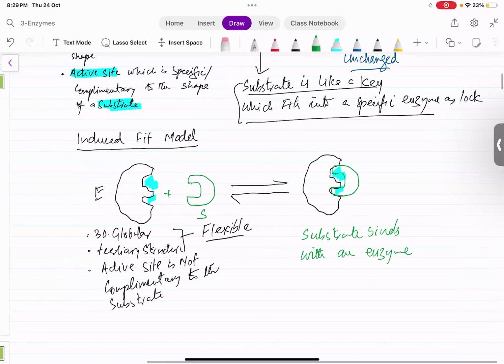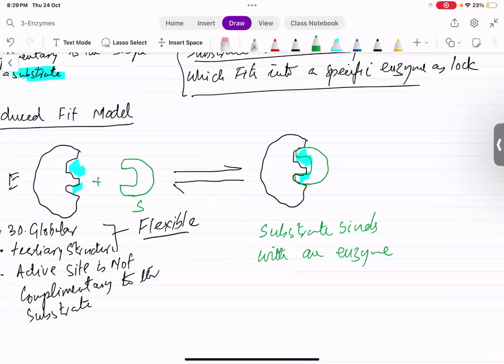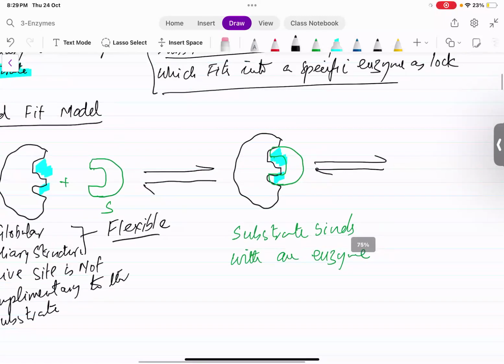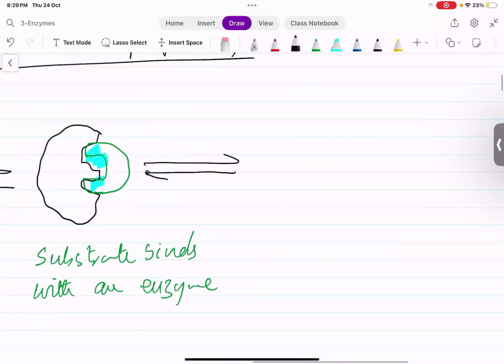And what happens then? It induces the change in the shape of an enzyme. Okay.